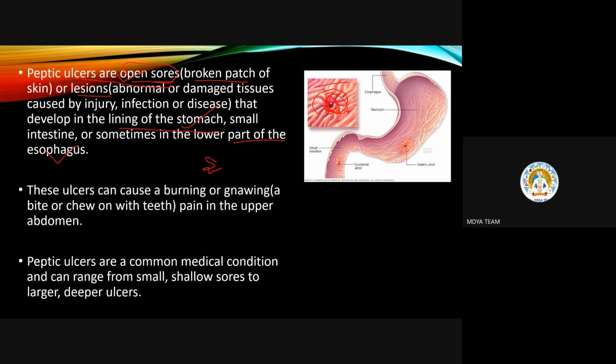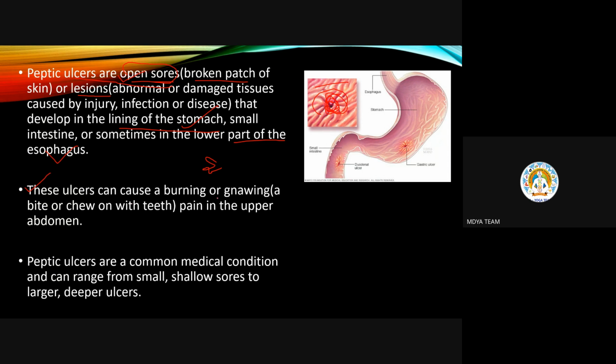And what is the other name of the windpipe? Trachea. Very good. So it could happen in three sites.